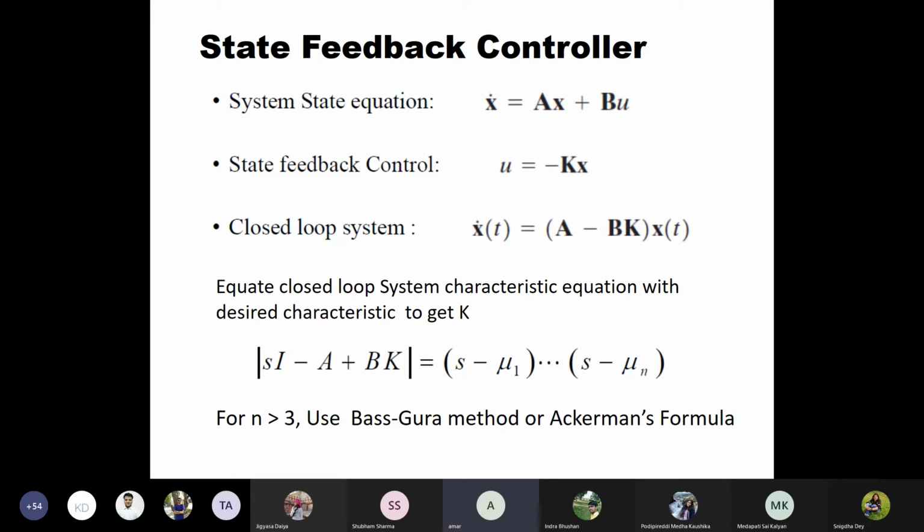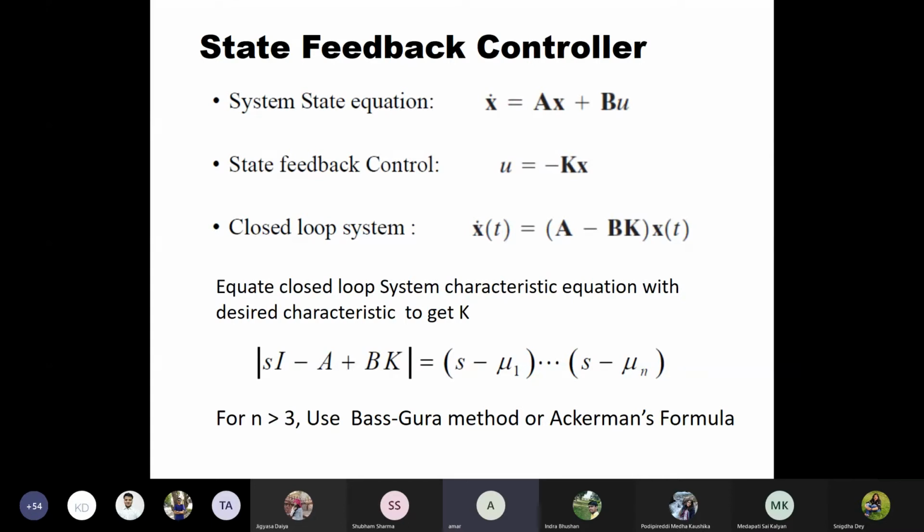One is the system state equation, another is the output map equation. The system state equation is x dot = Ax + Bu, and the output map equation is y = Cx + Du, where y is the output, x is the state, u is the input.